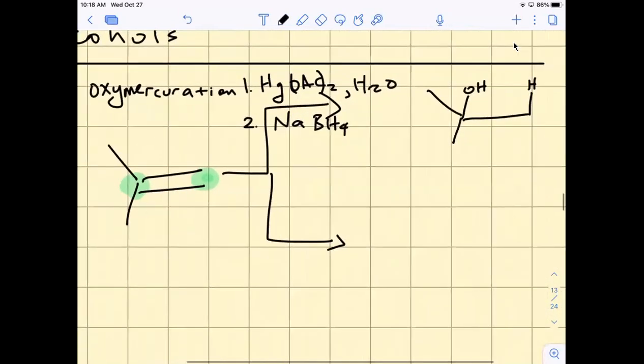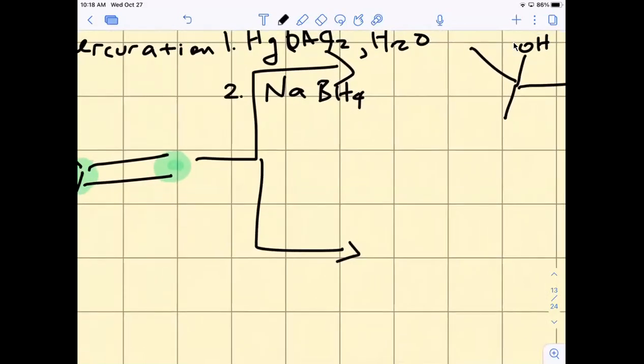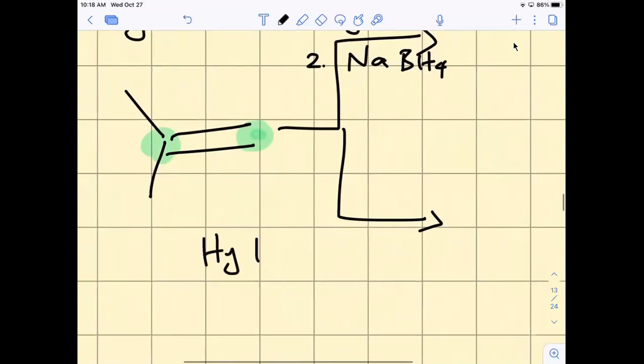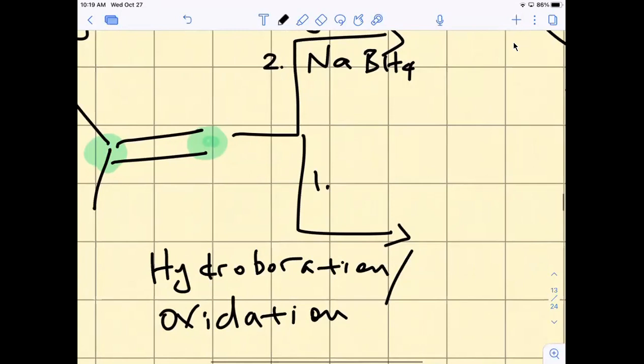The other way to convert that into an alcohol is to do what's called, we just talked about that, hydroboration, followed by oxidation. Right? So those are the reagents. You add BH3, and then in the second step, you add hydrogen peroxide and sodium hydroxide.